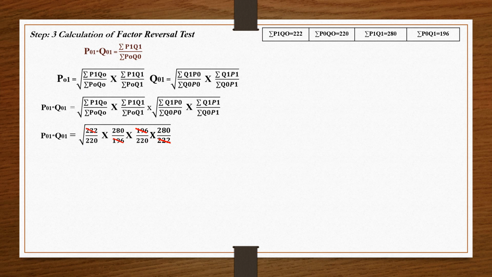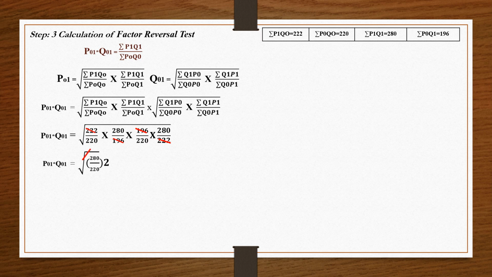Then what answer do we get next? Here 280 is in the numerator, again 280 in the numerator, and 220 in the denominator, again 220 in the denominator. So we write it as 280 square over 220 square. Instead of that, we can also write 280 divided by 220, whole square. So P01 into Q01 is equal to the square root of 280 divided by 220 whole square. Here we cancel the root with the square.